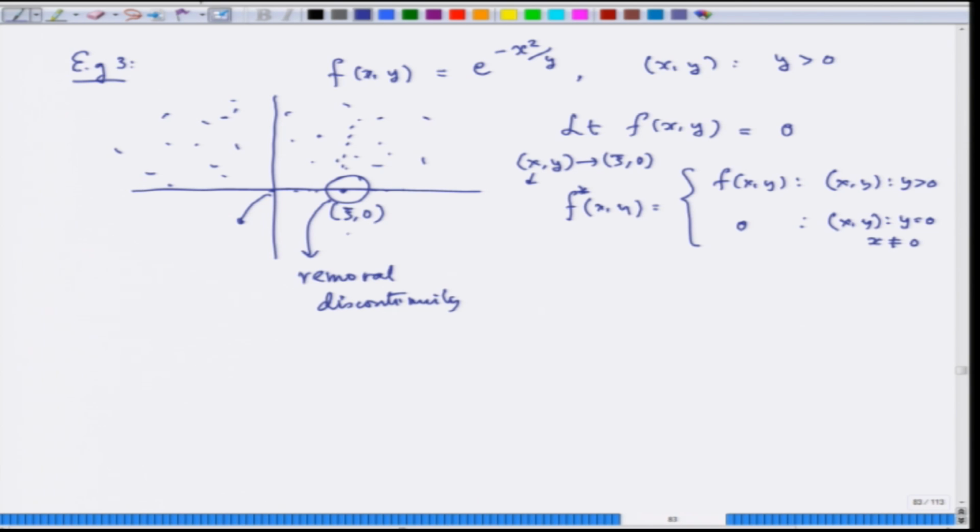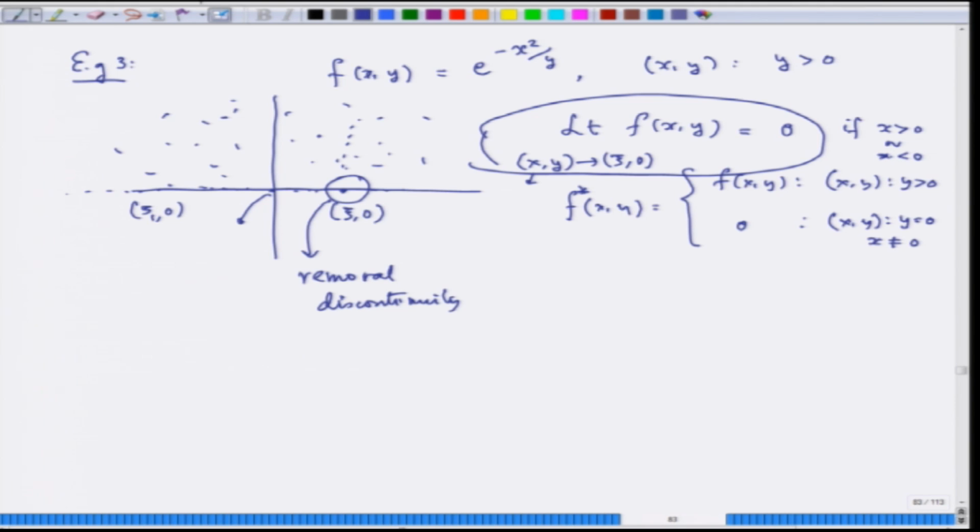I could take ξ negative here also, say (ξ, 0), and approach with x negative from this side. So x is either negative or positive, it cannot be 0. Only then does this limit that I am circling hold, if x continues to remain non-zero.